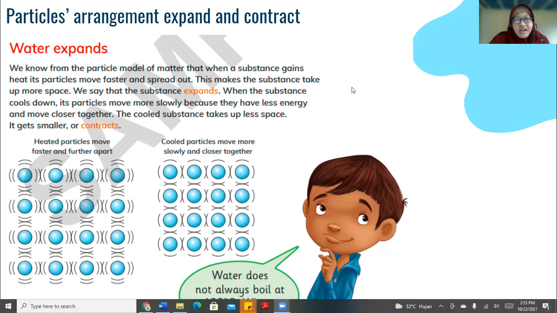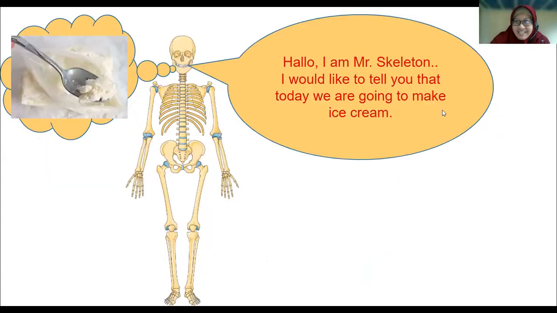Okay, this is our making ice cream activity. We freeze the liquid. Actually we need to measure the temperature before and after the shaking process, before and after you freeze the milk.